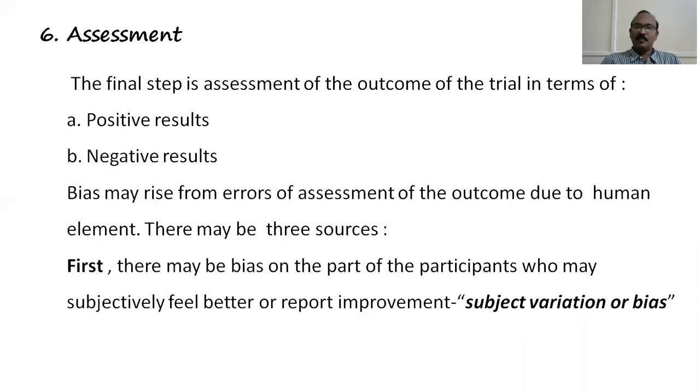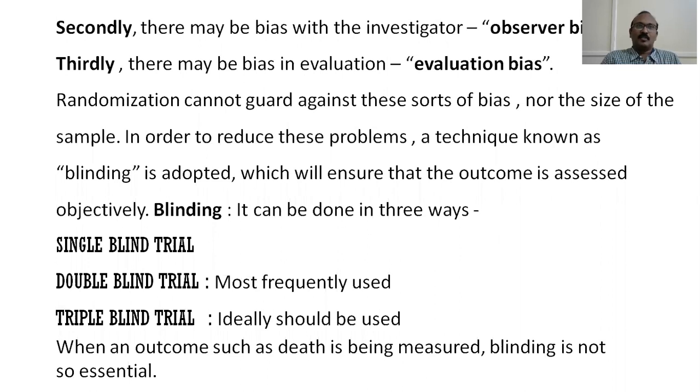First, there may be bias on the part of the participants who subjectively feel better or report improvement. This is what is known as subject bias or subject variation. Second is observer bias. There may be bias with the investigator who feels that the people who are given the drug are performing better.